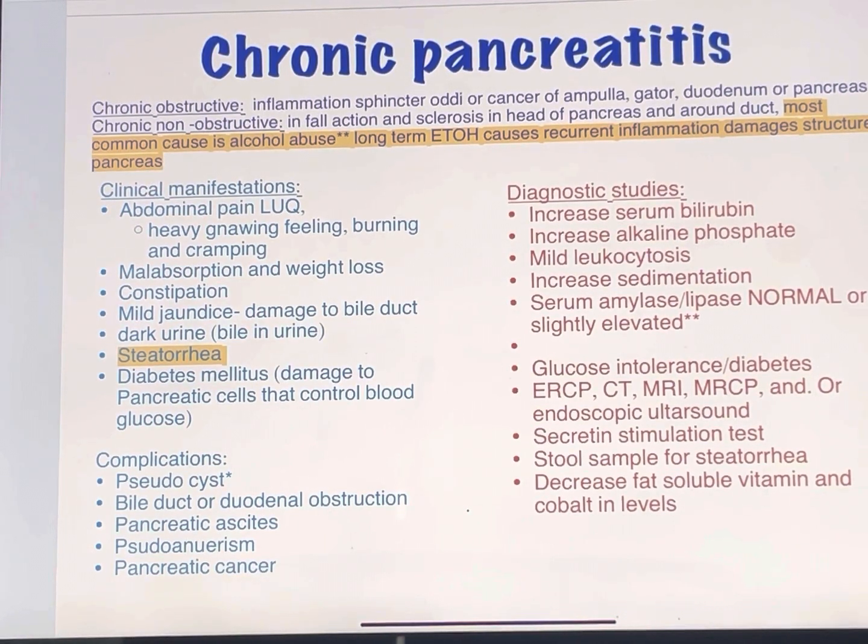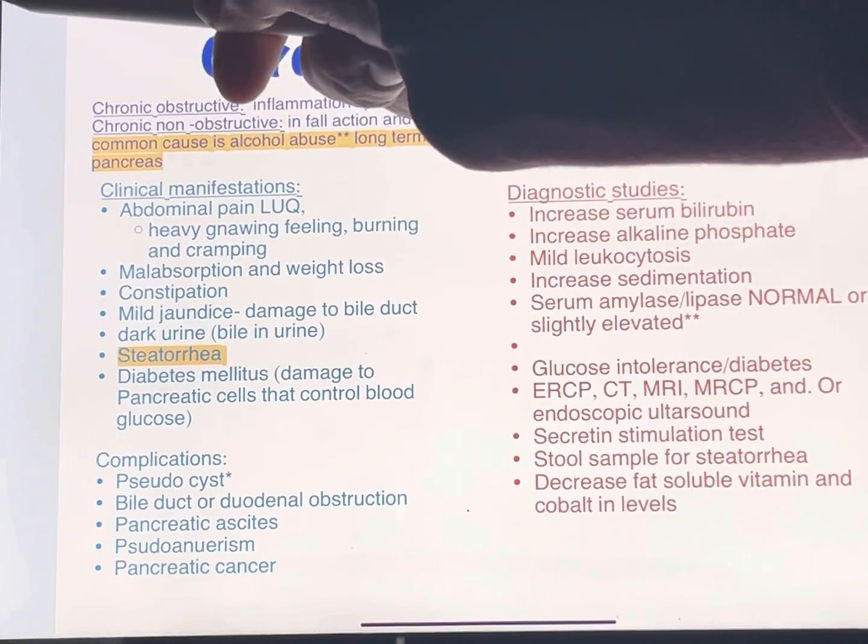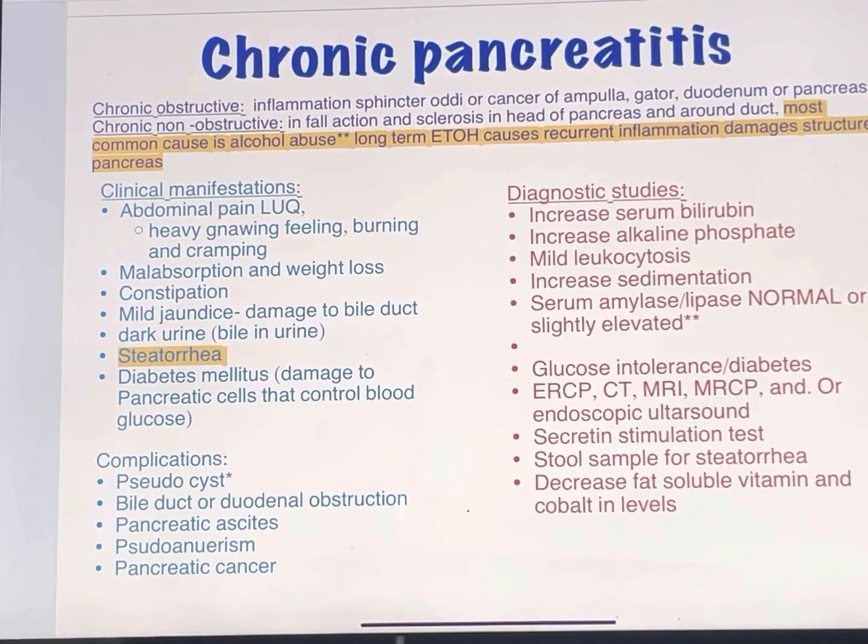There could also be a physical bile duct or duodenal obstruction. Pancreatic ascites and/or pancreatic cancer is sometimes a complication. Diagnostic studies include increased serum bilirubin, increased alkaline phosphatase, mild leukocytosis, increased sedimentation rate, and surprisingly, serum amylase and lipase will be normal or slightly elevated. This is due to the fact that the pancreas is just not working properly.